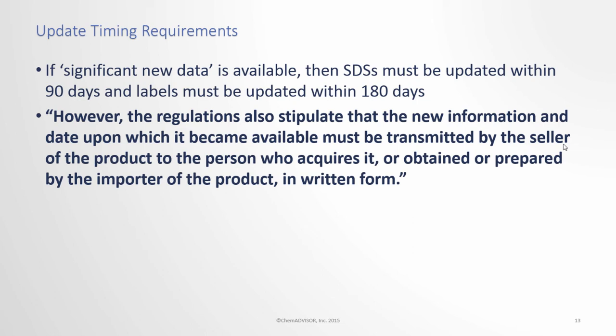And it did include the rest of the surrounding text, but basically this means if you are selling this product and you are aware of new information but have yet to update your safety data sheet or your label because you're still within that 90-day or 180-day window, you still need to communicate in some fashion to the receiver of the product that there's been new information.